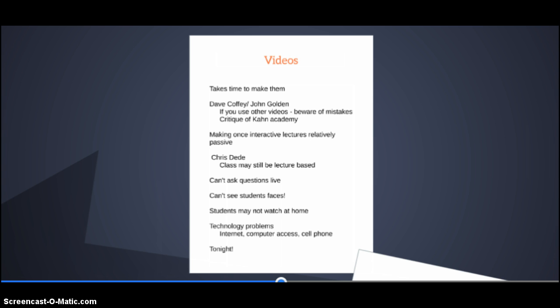Chris Dede, who is a Harvard professor, points out that you really haven't altered education that much by flipping the classroom if it's still a lecture-based idea where you're just watching the lectures at home and then coming to school and doing the homework. It's still the same two processes, lecture and homework, just flipped when you do them.